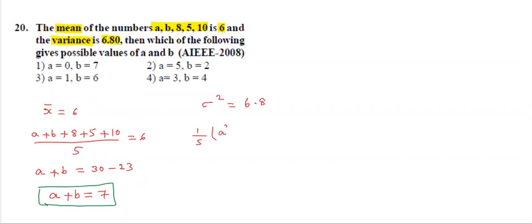That is a square plus b square plus 8 square, 64 plus 25 plus 100, minus mean square. Mean square means 6 square. That is equal to 6.8.